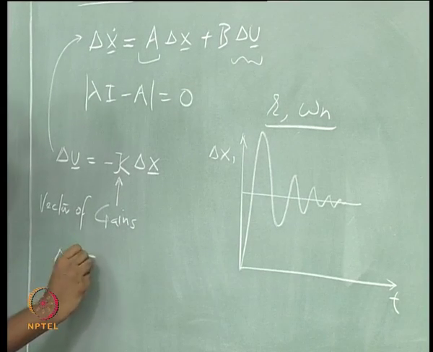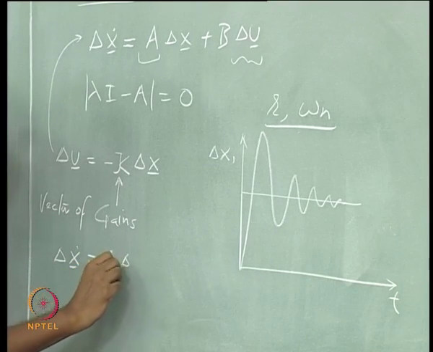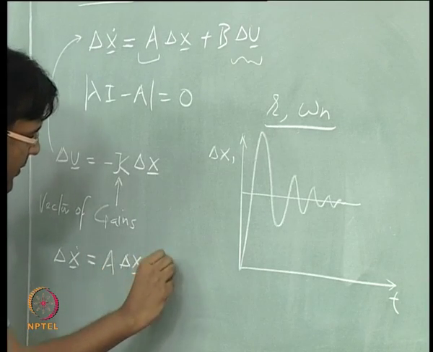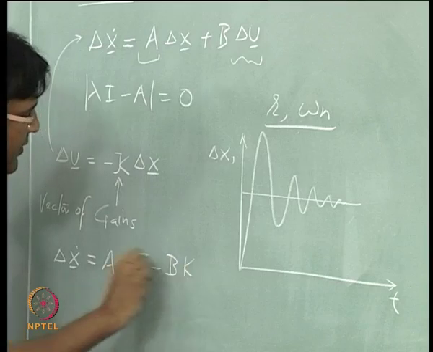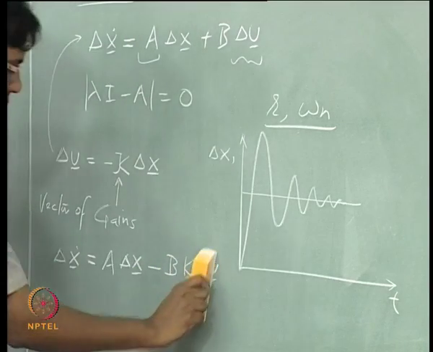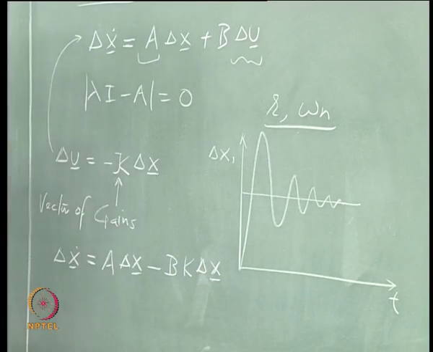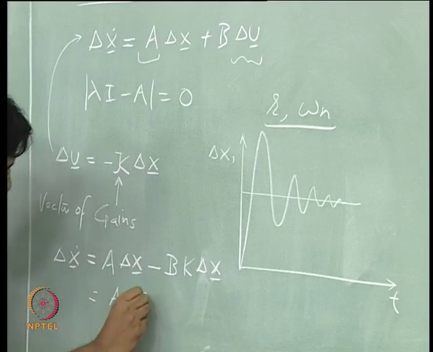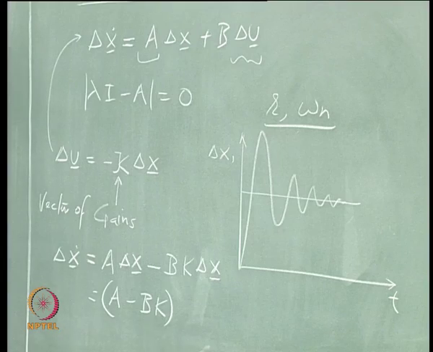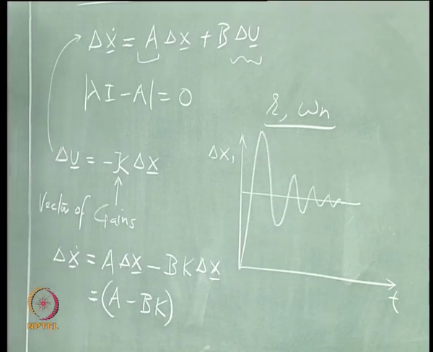When we incorporate this delta u in the linear model, it changes the system matrix through the control input.